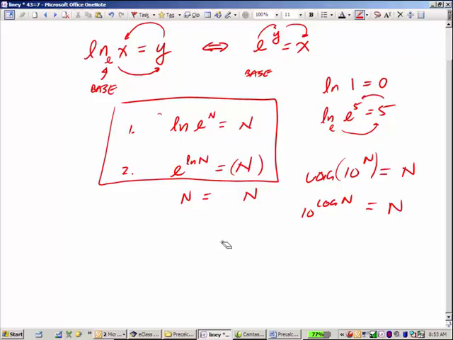Do you agree that n is equal to n? All right, so I'm going to take the natural log of both sides. That equality still holds true. I'm now going to write this in exponential form. e raised to the ln of n equals n. That's just another way of writing that. Okay? So again, the important thing is inverse functions aren't equal, they undo each other. Okay?